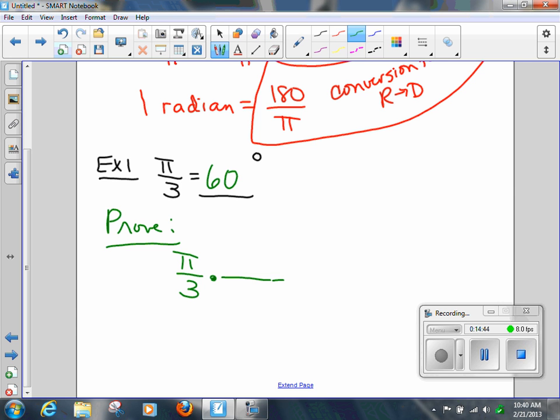Say it again. I need my pi on the diagonal, 180 on top, because what am I going for? I want my pi's to cancel out. Heck yes. What's 180 divided by 3? 60. So I did prove it, right?